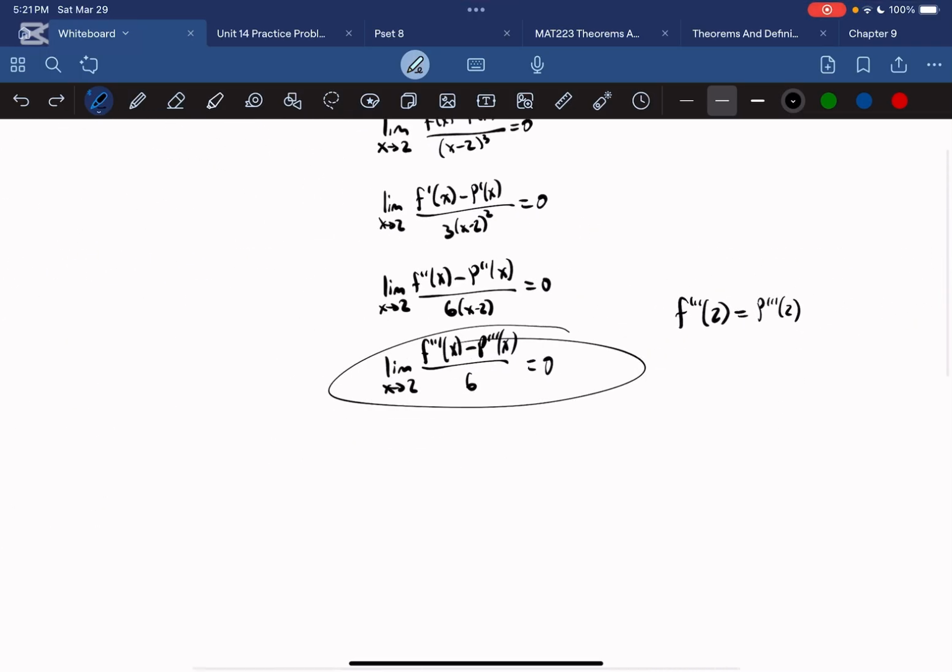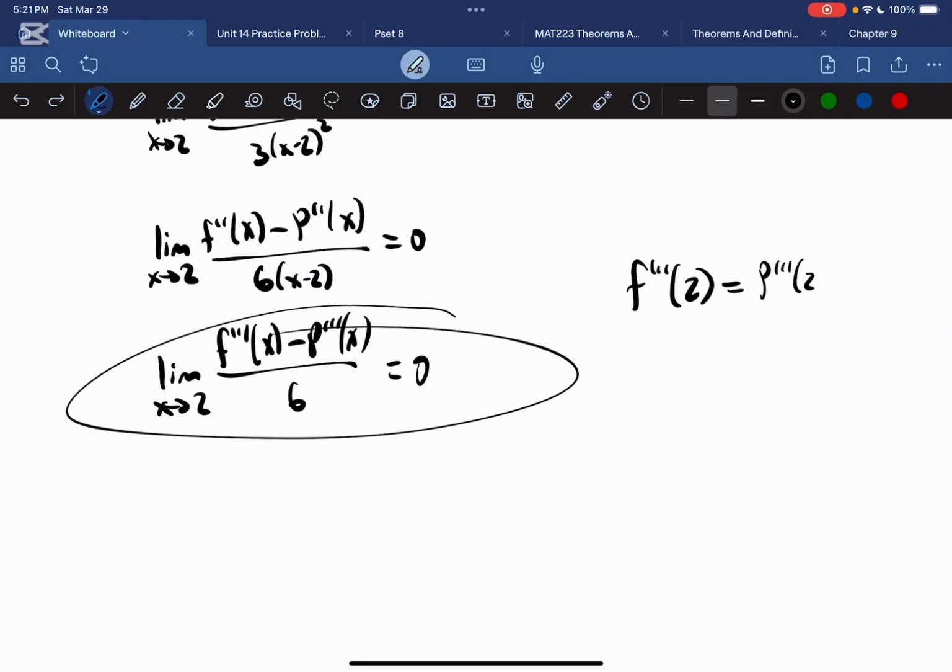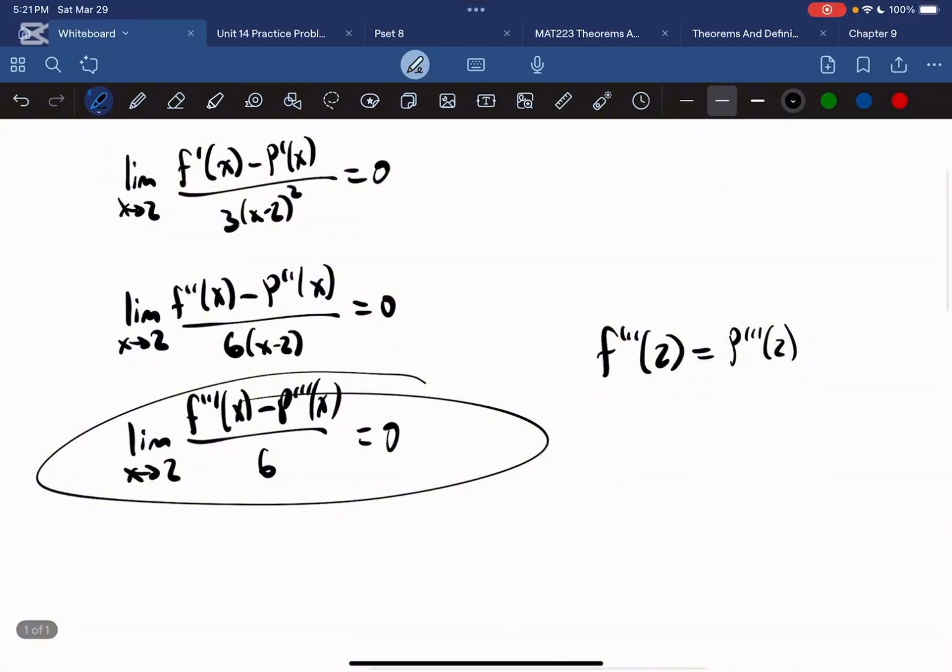If they're not continuous, I think we run into issues. Okay, I don't know what happens when they're not continuous. Let's just assume they're continuous, right? I don't think we're going to work with functions that aren't continuous. But since this is 0, we know this also has to equal 0, the top here, as x approaches 2. So then we get this chain of equalities that we wanted, right?